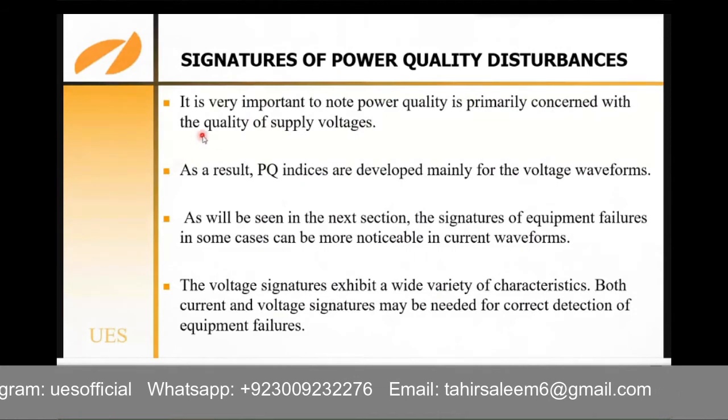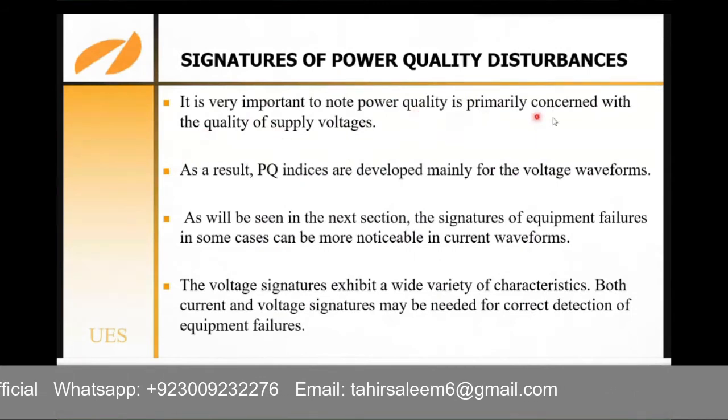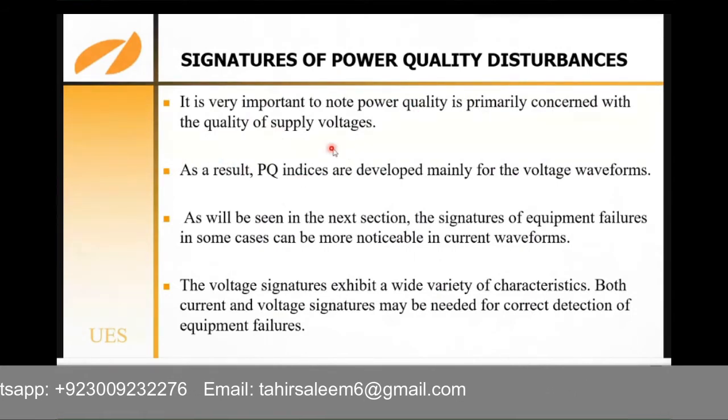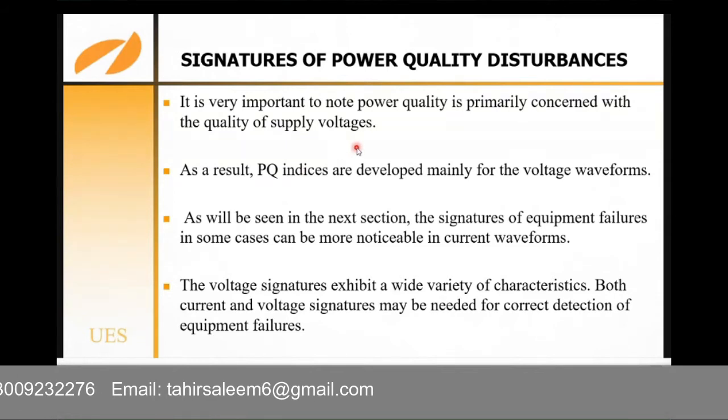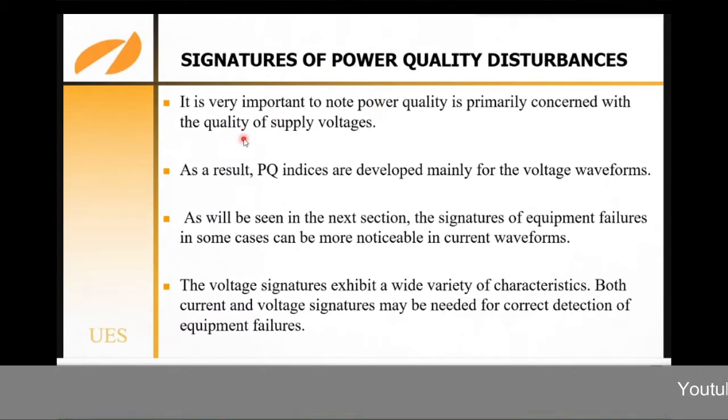Now, it is very important to note that power quality is primarily concerned with the quality of supply voltages. So this is the thing you need to keep in mind, that power quality is actually concerned with the supply voltages, the input voltage.